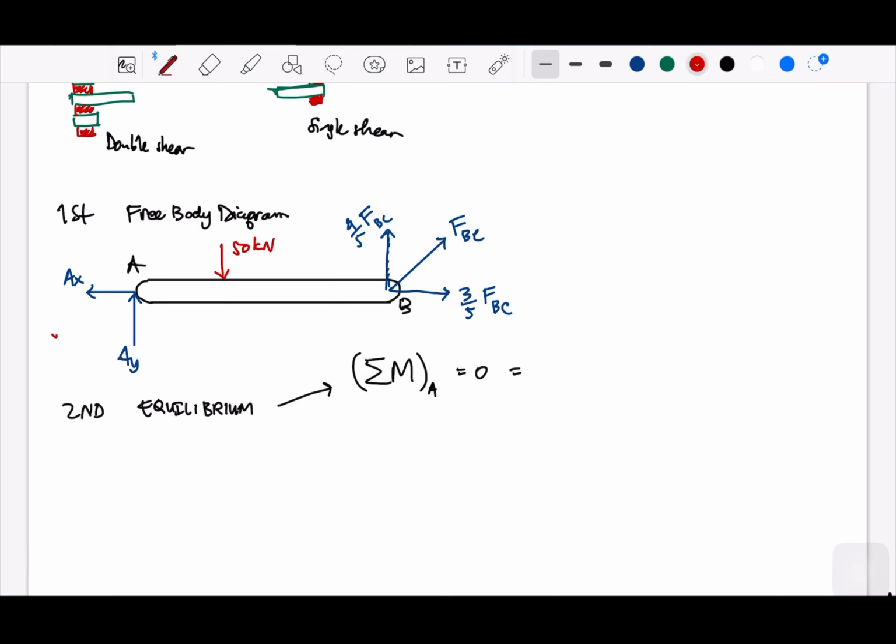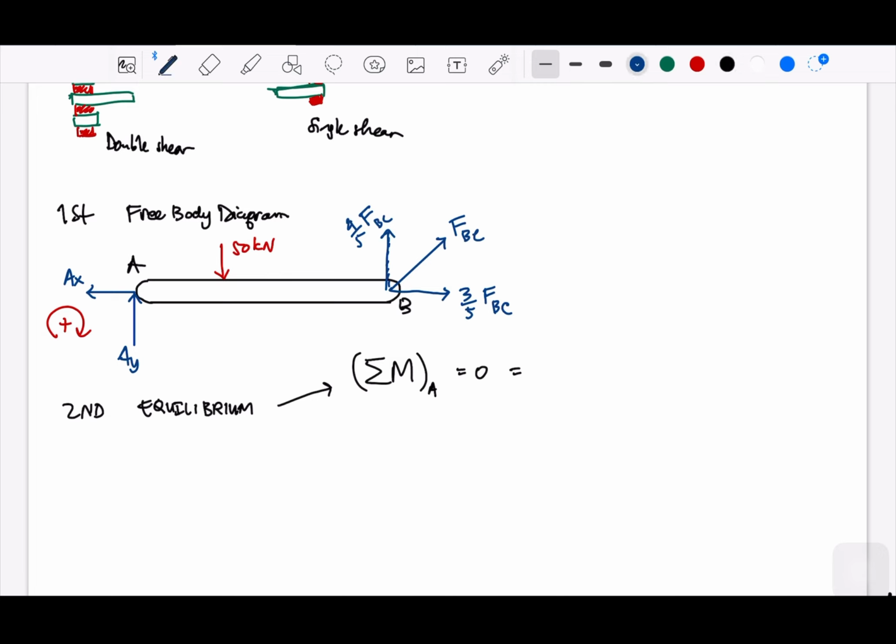I will take clockwise as positive. Actually, positive or counterclockwise is the same as long as you're consistent. If you want to confirm, you can make your assumption first.